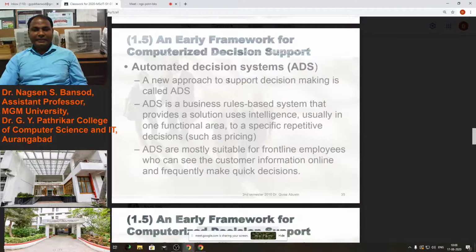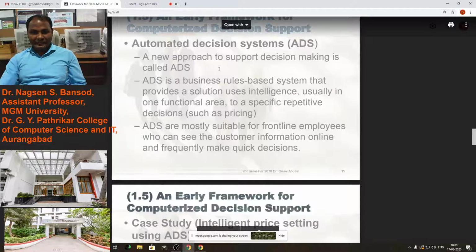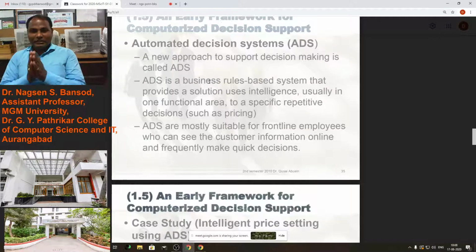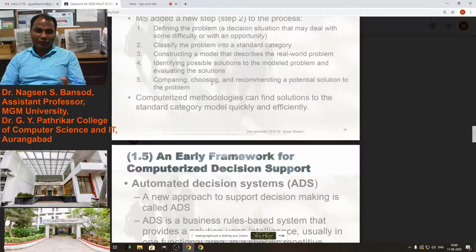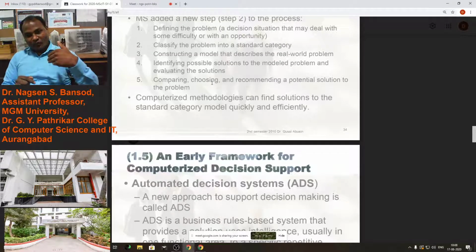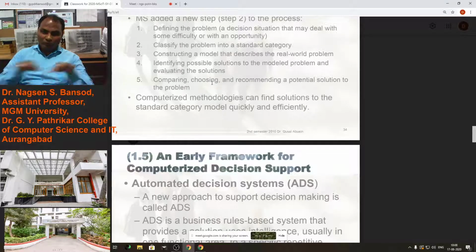Then the automated decision system, ADS, is a new approach to supporting decision making. Till now we have seen the computerized decision support system. We can send an SMS to the customer, we can take feedback from customers from the website.